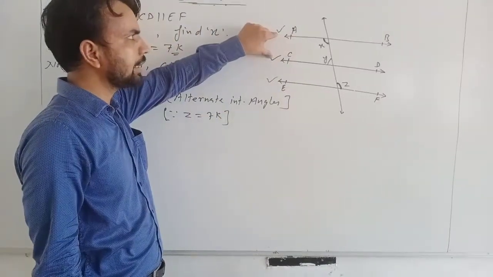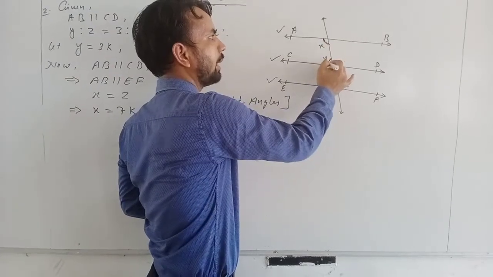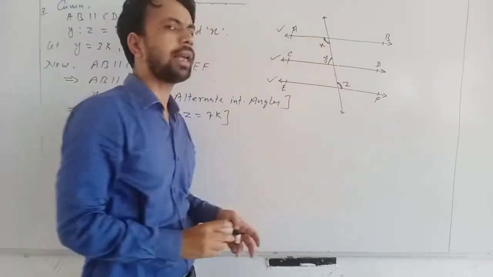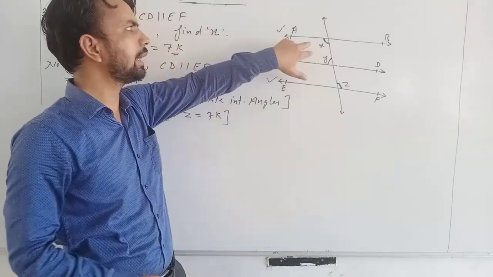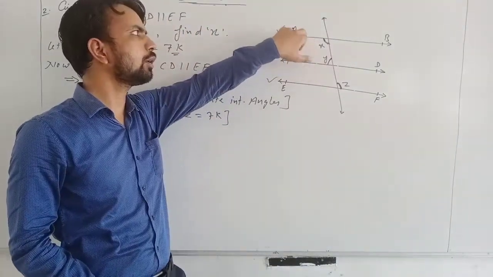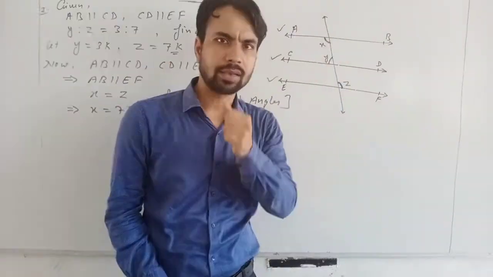If AB and CD are parallel and this is the transversal, then X and Y, these two angles, are known as co-interior angles, because both the angles are in the interior of these two parallel lines and on the same side of the transversal.